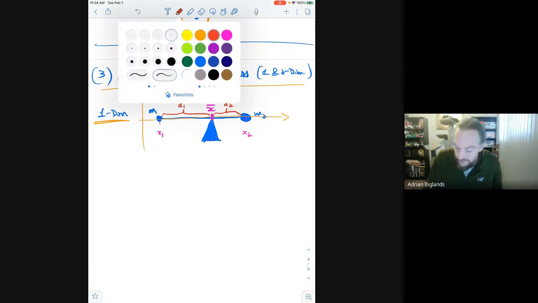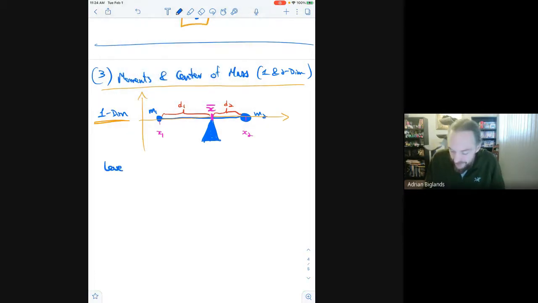So what the lever principle tells us is that to balance this, there's a point where D1 M1 has to equal D2 M2.